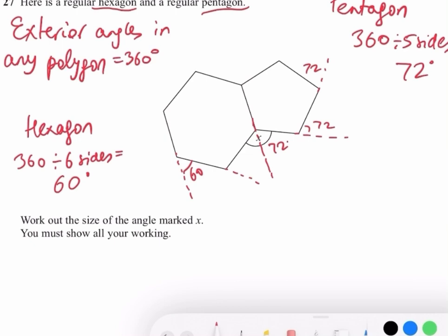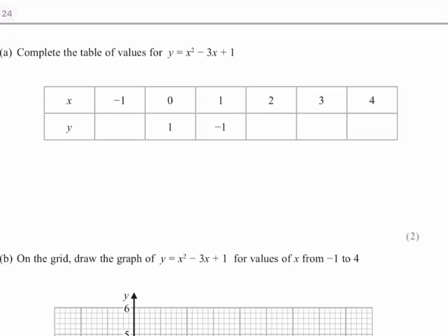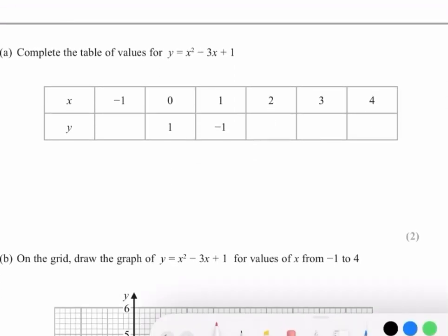So as you see, angle X is made of 2 exterior angles, one for the pentagon, one for the hexagon. Just add them up together and you will get angle X, which is 132 degrees. It's a big question. Please pause and look step by step how to do it.